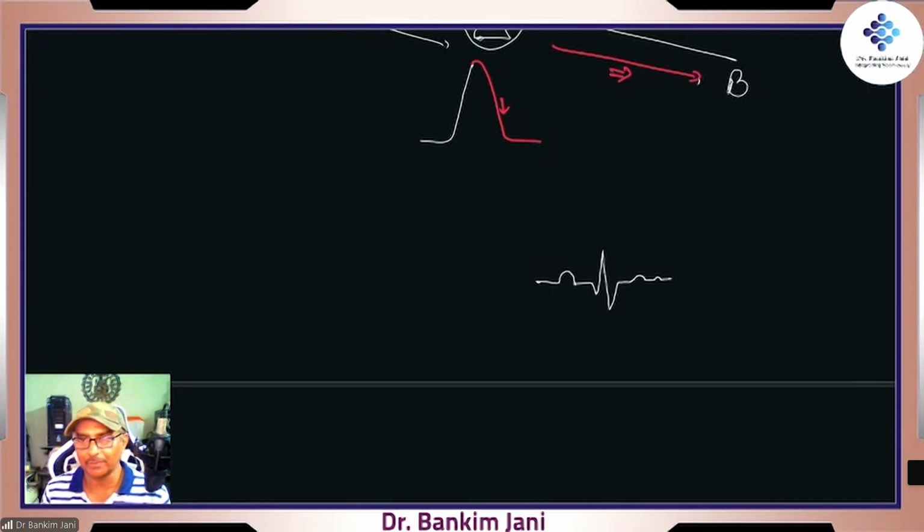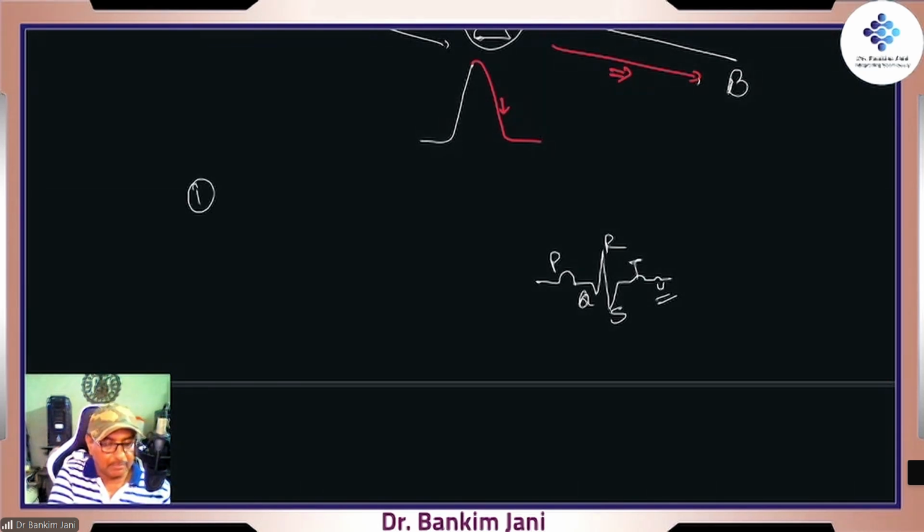This is P, this is Q, this is R, this is S, this is T, and at times U. Not every time it is present, but at times we can see it. Whenever we see it in our ECGs, we'll talk about it. But the most important are the P wave and the QRS, and then there is the ST segment.